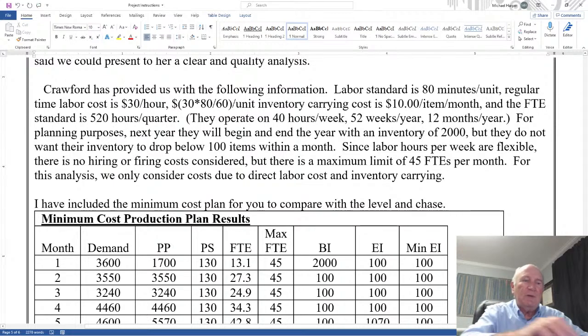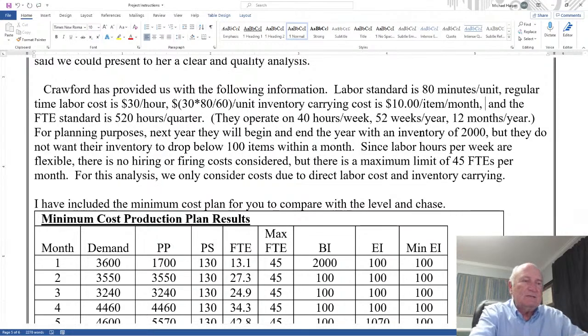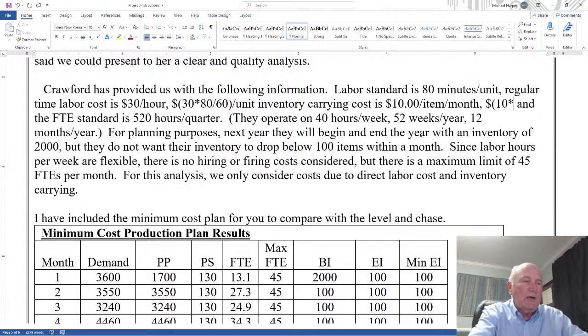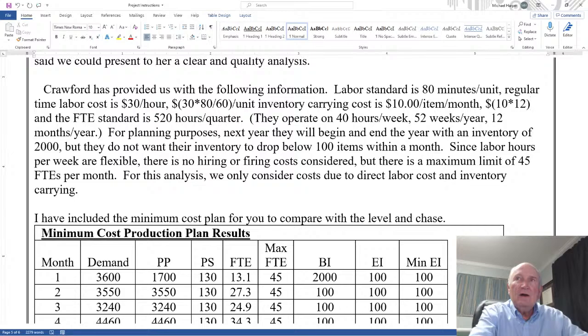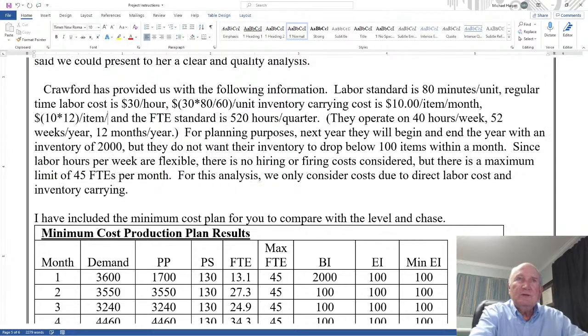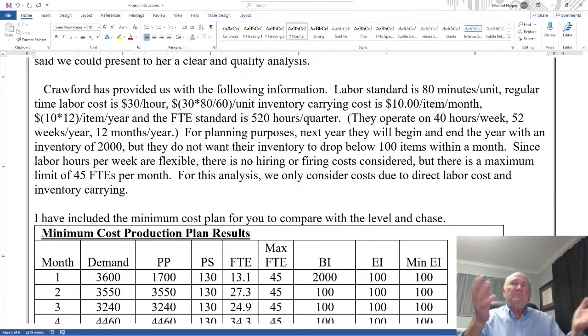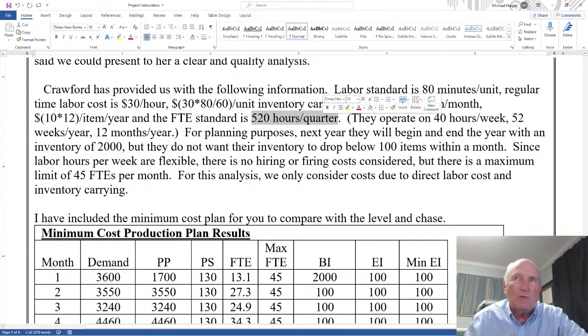Well, 10 items per month is the same as 10 times 12 items per year. Just multiply by 12 months. Okay, and the FTE standard is 520 hours per quarter. Well, that's per quarter. We want a month, so we have to multiply this.